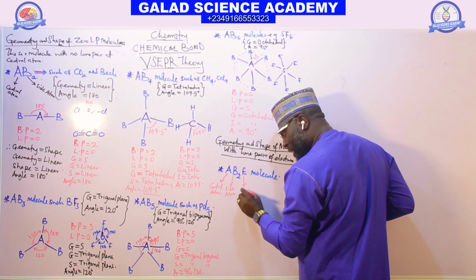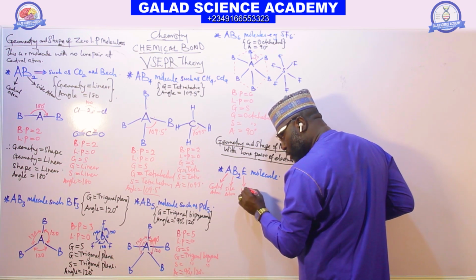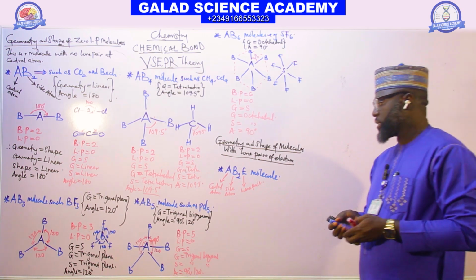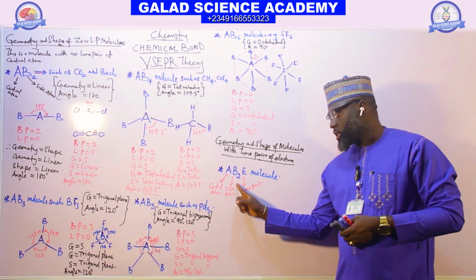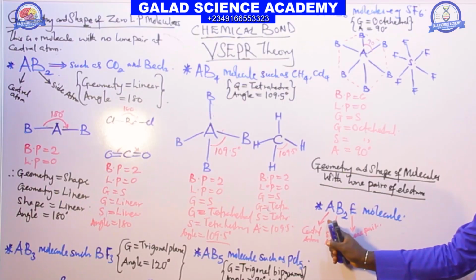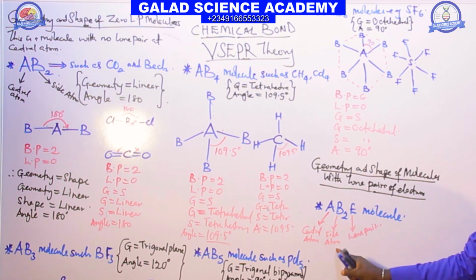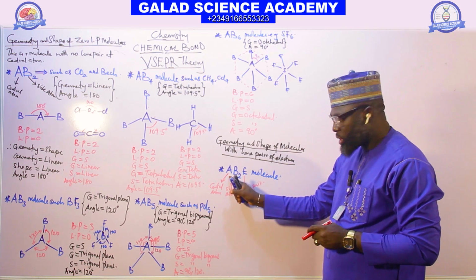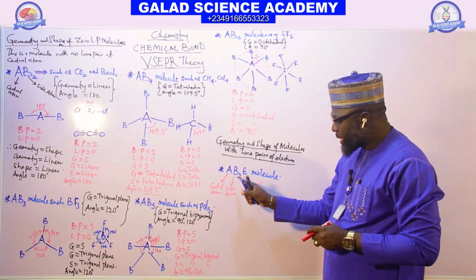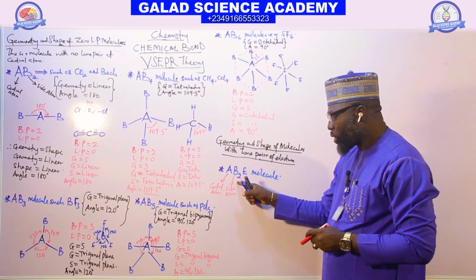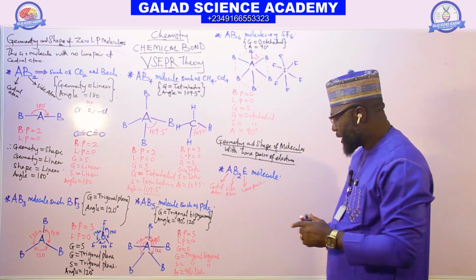This E we have here is the lone pair. This is the central atom. This B is the side atom, right? This B will attach to A here, and this lone pair is attached to A here. So how many bonds are now attached to A? It should be 3, right?